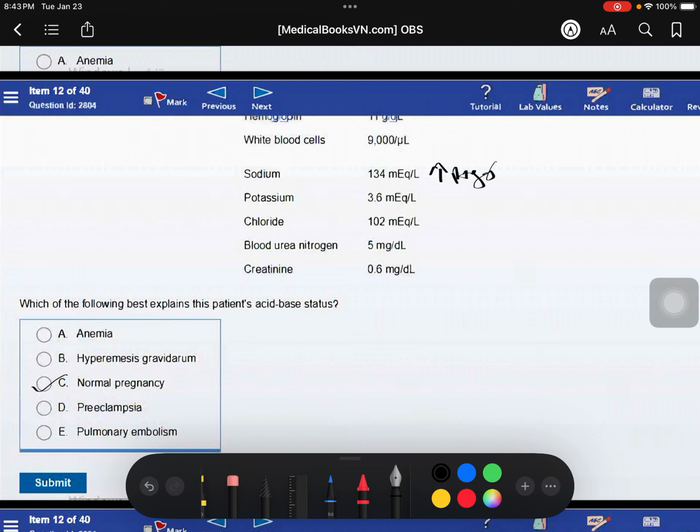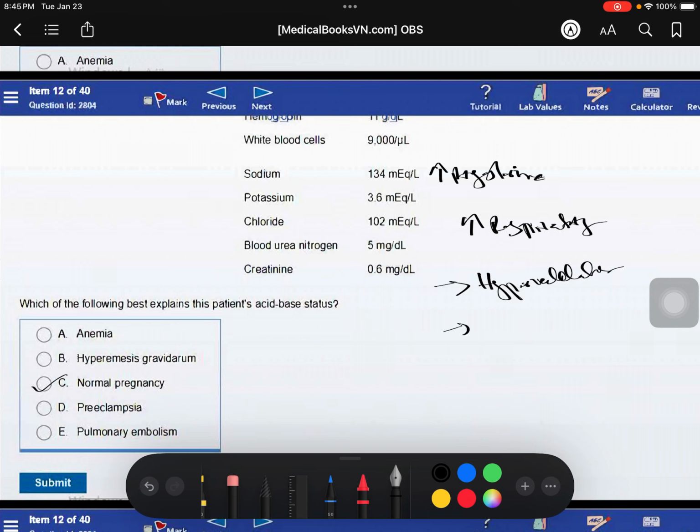Increased progesterone concentration raises the homeostatic set point in the medulla to increase respiration. Progesterone increases the respiratory center drive in the brain, which causes hyperventilation of the lungs.